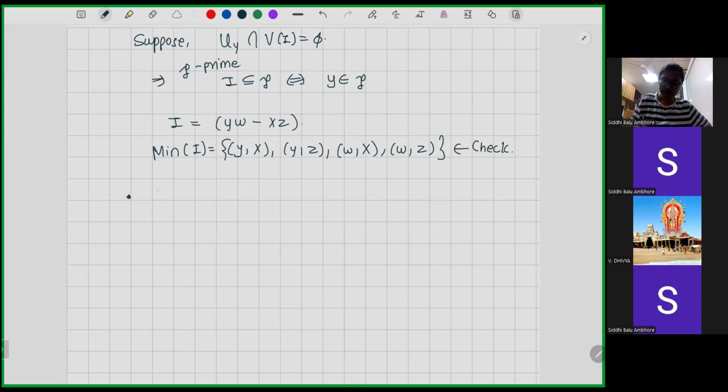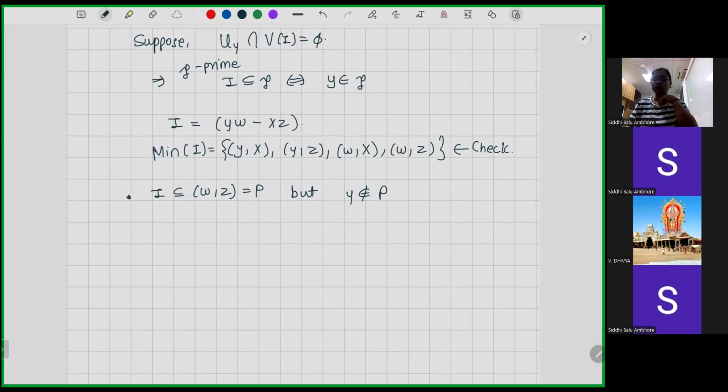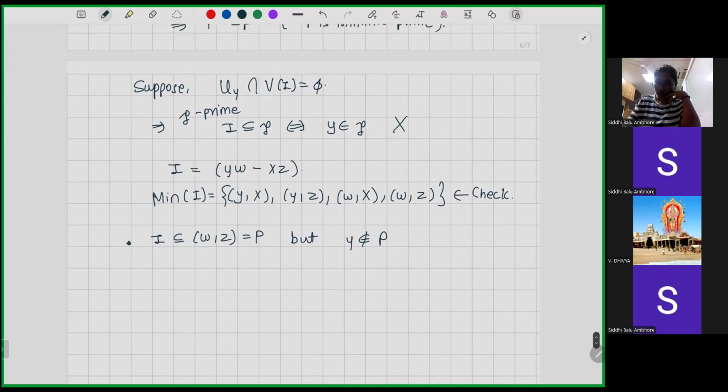So note that I is contained in (w, z), which is some prime ideal. This ideal will be in VI, but Y also doesn't belong to this prime ideal P here, right? Y is not there in this prime ideal (w, z). So this condition does not hold in this case.